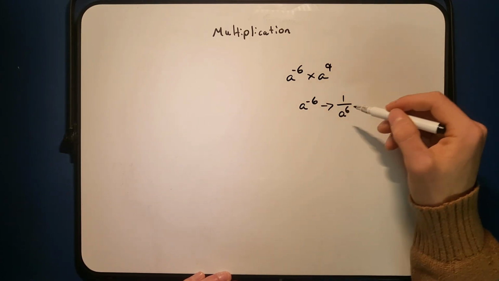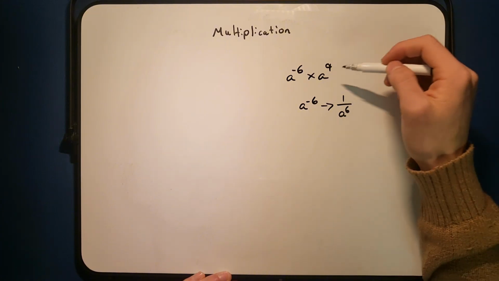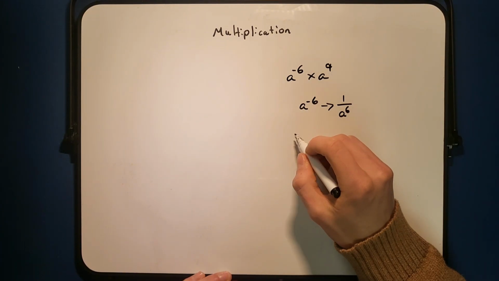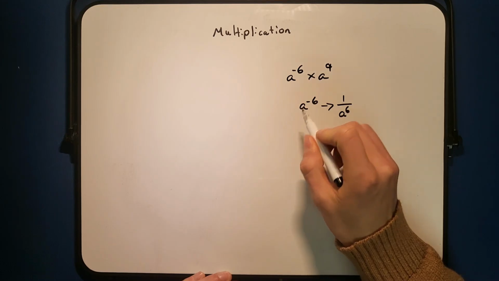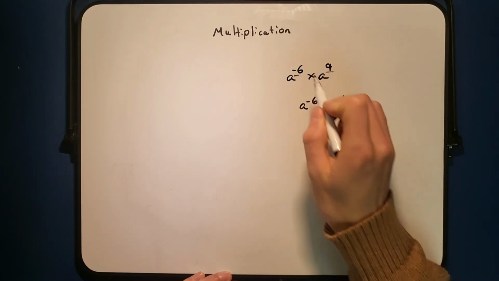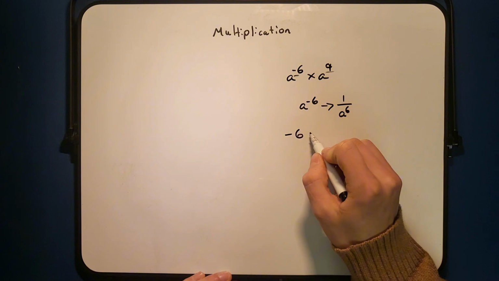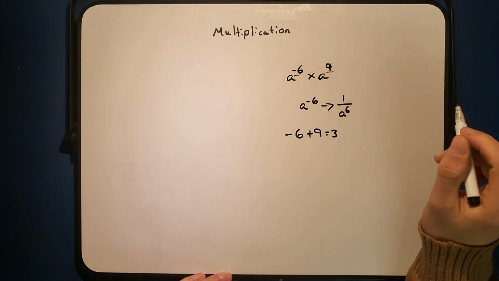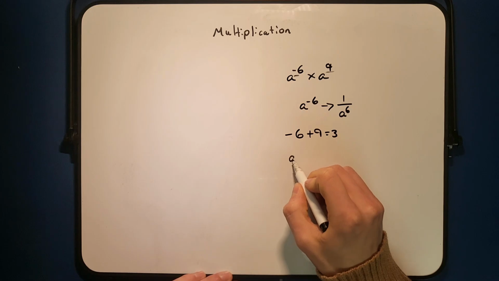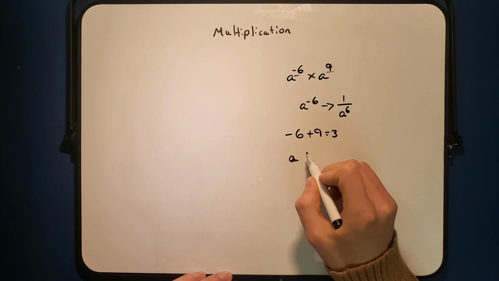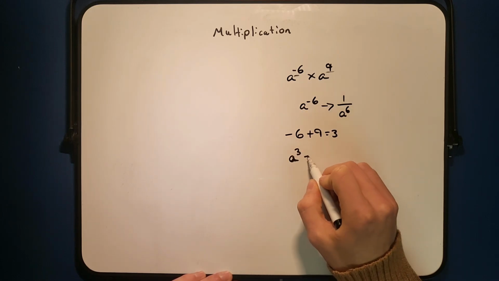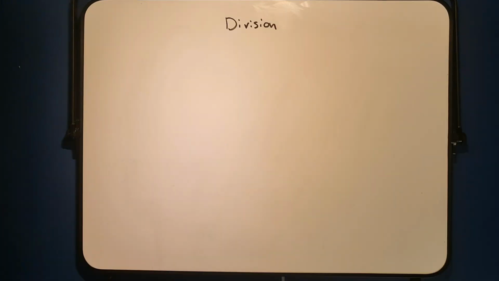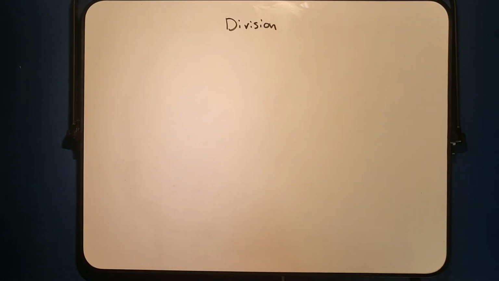Now, this is just for visualization. We will keep this in this form for calculation. So we will get, just like normal, we will add these two powers together. So we'll get minus 6 plus 9, which is equal to 3, okay? So we'll get a to the power of 3, which is the same thing as a to the minus 6 times by a to the 9.